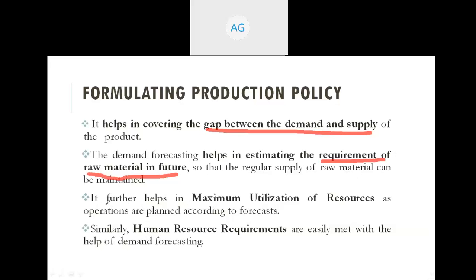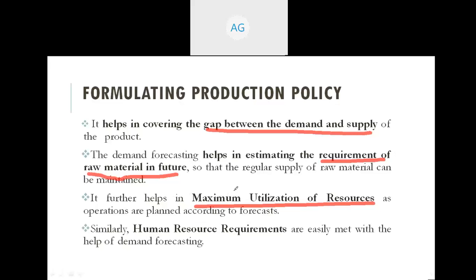It further helps in maximum utilization of resources, as operations are planned according to forecast. Basically the forecast deals with future expectation. In that case, we need to decide what will be the demand of that particular item in the future, and according to that the supply of that item will be maintained.